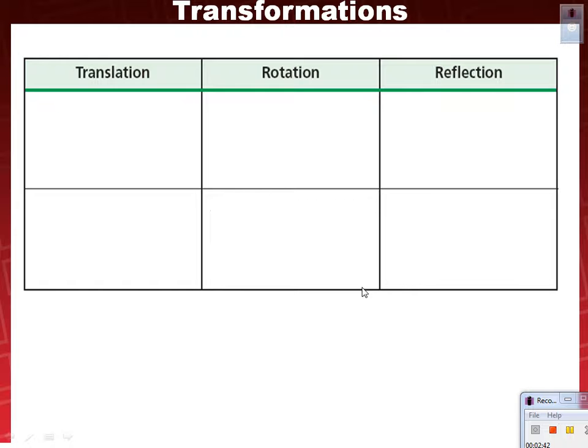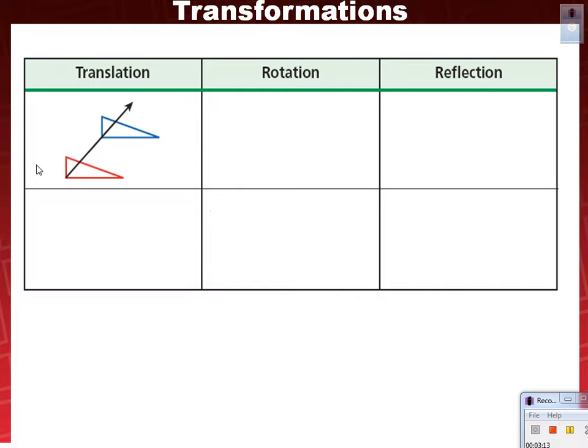There's 3 transformations that we're going to cover today. The transformations are translation, rotation, and reflection. Right now, Letty already showed us translation and rotation. So here goes translation. For translation, look up please to the screen. You're going to draw a pre-image, which is the red triangle.